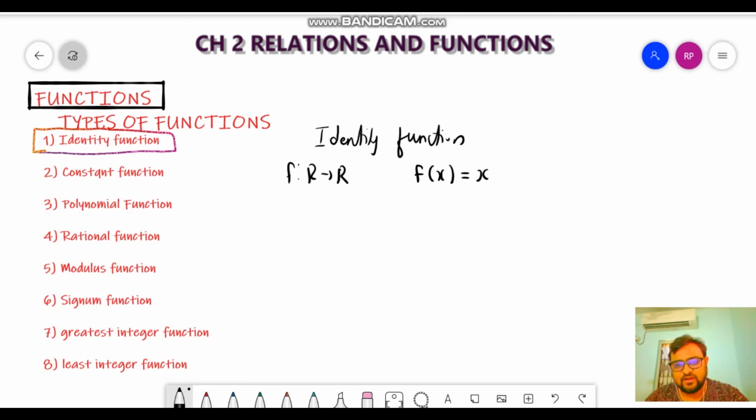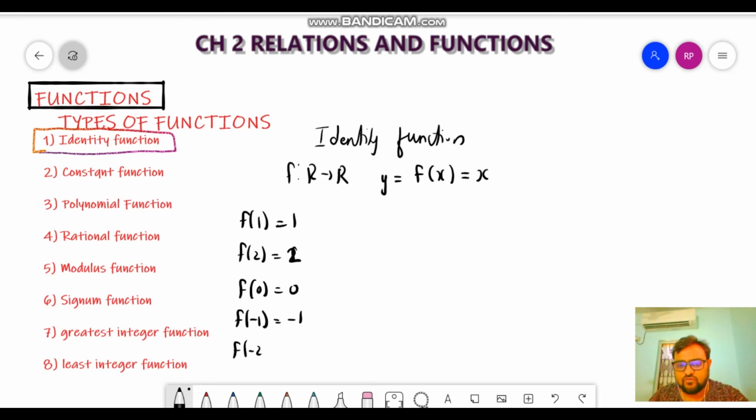I can also write y = f(x). So f of 1 is 1, f of 2 is 2, f of 0 is 0, f of minus 1 is minus 1, f of minus 2 is minus 2.